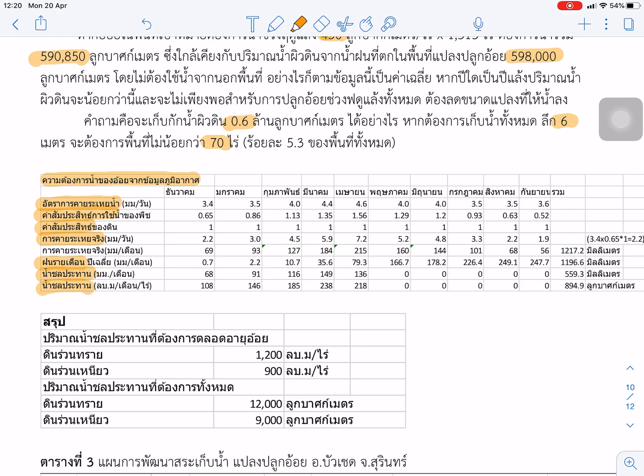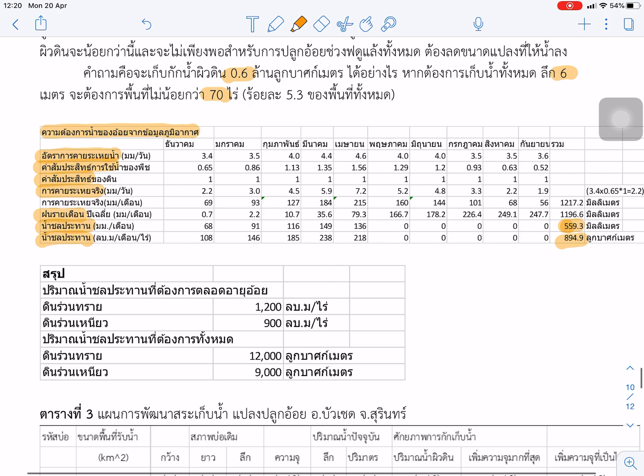For sugarcane it is about 360 millimeter, or about 900 cubic meter. So based on the crop water requirement, we can estimate the irrigation water for sugarcane is about 900 cubic meter per rai.